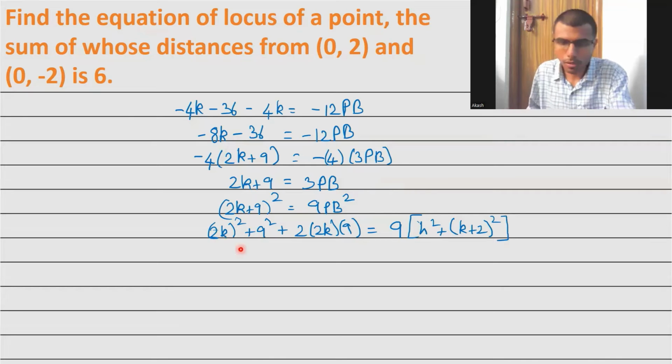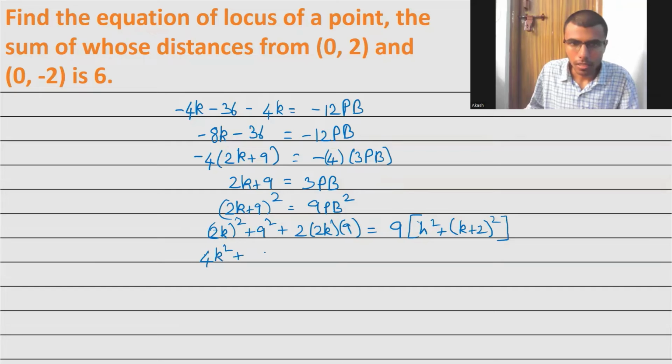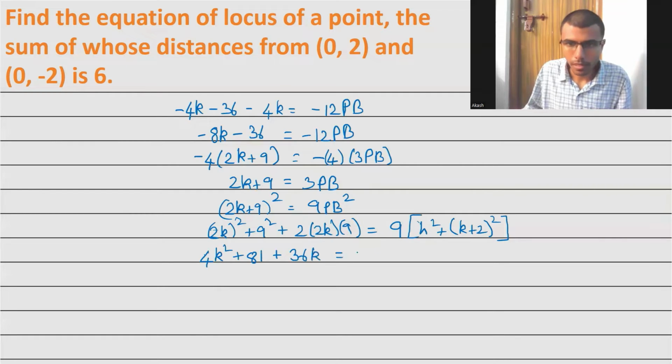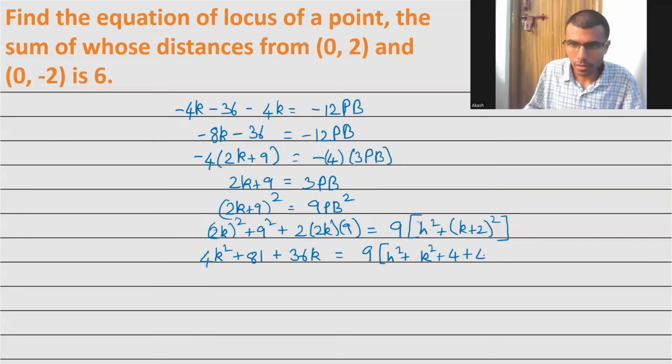Now, (2k) whole square is 4k square plus 9 square is 81 plus this would be 2 into 2 is 4, 4 into 9 is 36, so ultimately it is 36k, equal to 9 into h square plus this would be k square plus 4 plus 4k.